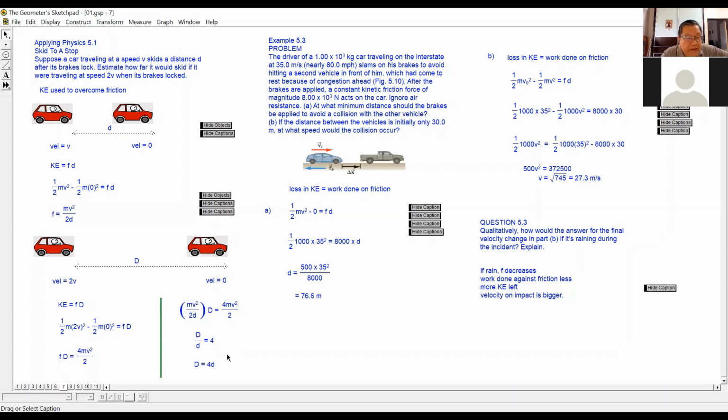So the stopping distance in the second case is 4 times the stopping distance in the first case.